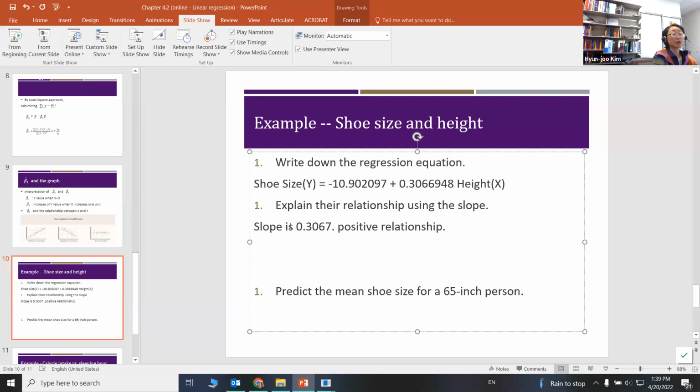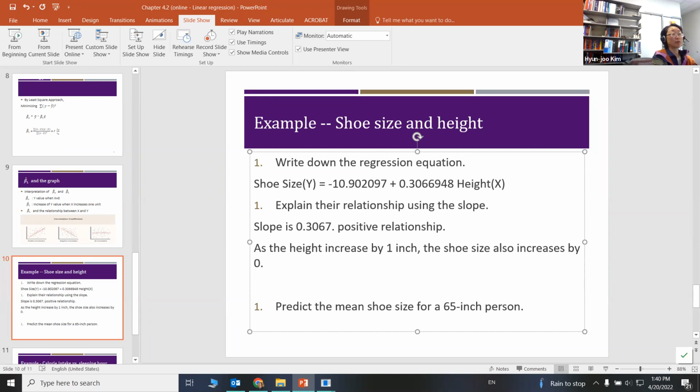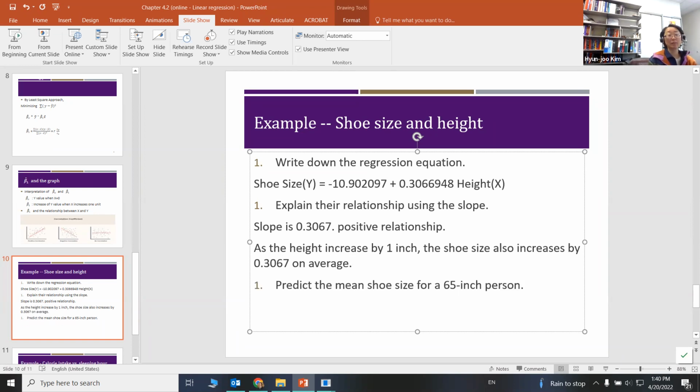More in particular, as the height increases by 1 unit, which is 1 inch, shoe size also increases by 0.3067 on average. That's one way of doing it. You can explain what's happening to shoe size and height using the slope, which is actually the whole point.